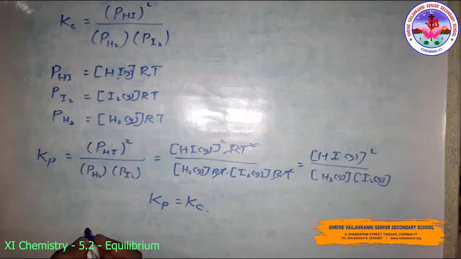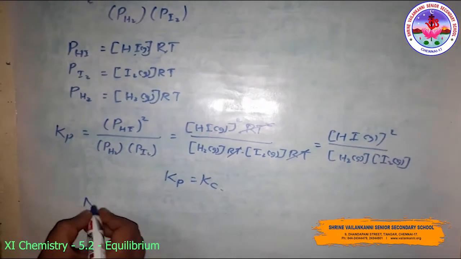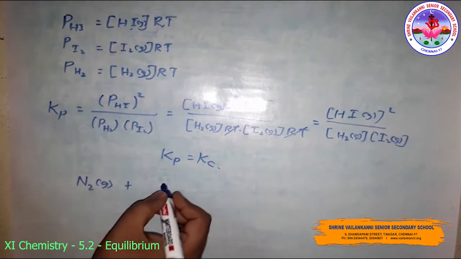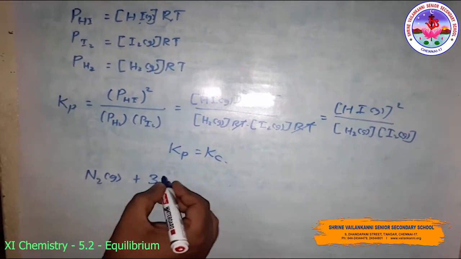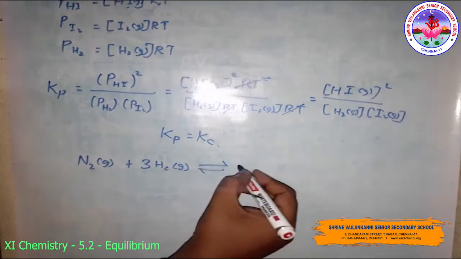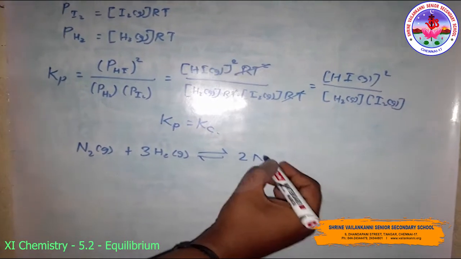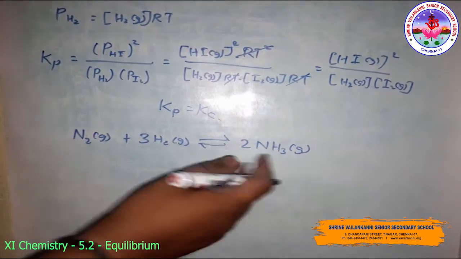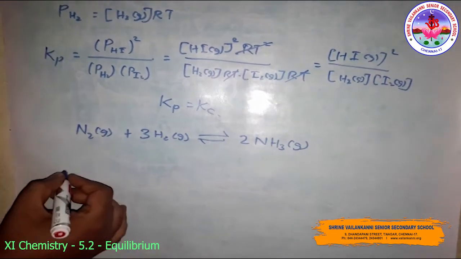For example, take another example, the formation of ammonia: nitrogen reacts with hydrogen gas to form ammonia gas. Look at this. For this reaction, what is Kp?